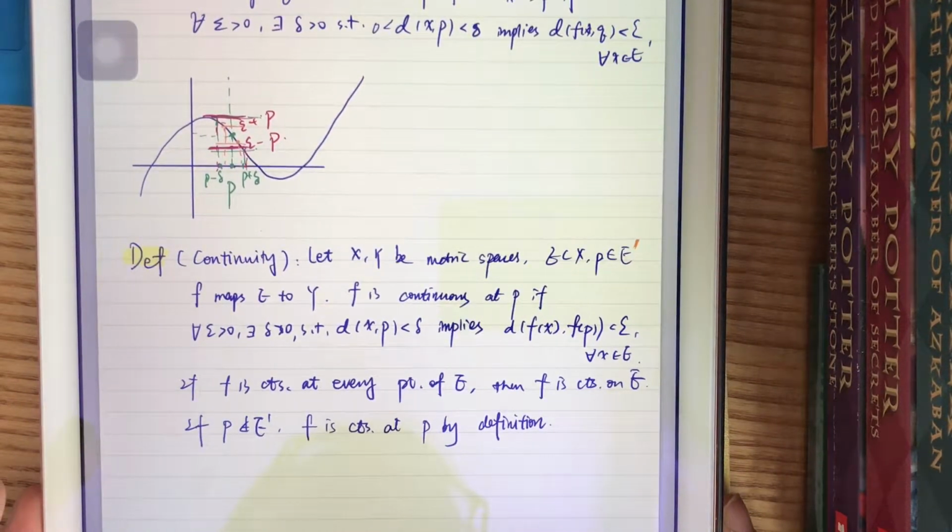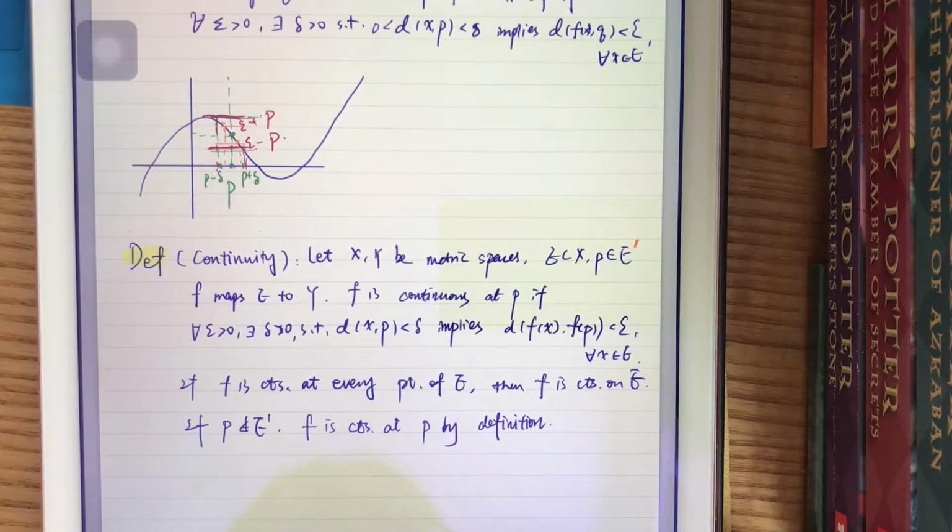First, P is a limit point of E, and the second case is P is not a limit point of E. In the first case, F maps E to Y, and we call F continuous at P if for every epsilon larger than 0, there exists delta larger than 0 such that the distance between x and p smaller than delta implies the distance between f(x) and f(p) is less than epsilon, for all x contained in E.